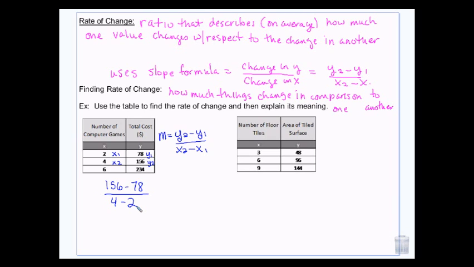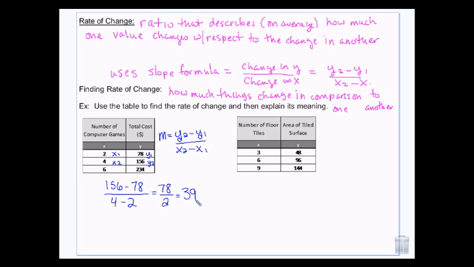And 156 minus 78 is 78. 4 minus 2 is 2. So that's 39. Okay, so my slope is 39. And what does that mean? Well, if I have 2 video games are $78, 4 video games are $156, 6 video games are $234.